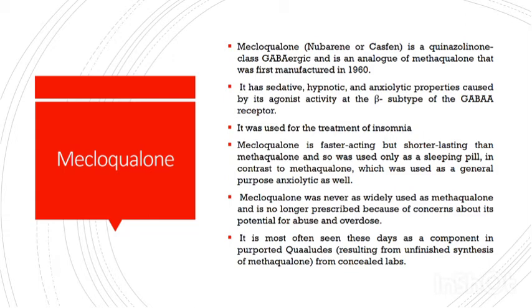It is faster acting but shorter lasting than methaqualone, and so it was used only as a sleeping pill, in contrast to methaqualone, which was used as a general purpose anxiolytic as well. It was never as widely used as methaqualone, and is no longer prescribed because of concerns about its potential for abuse and overdose.